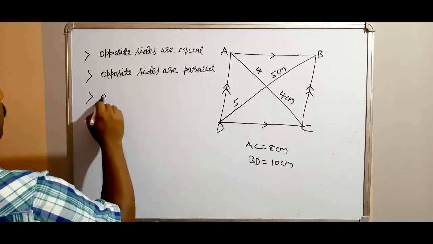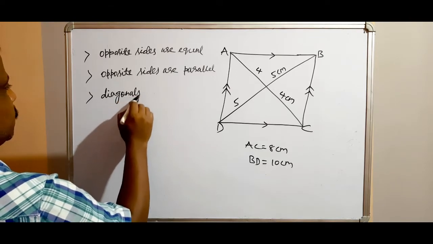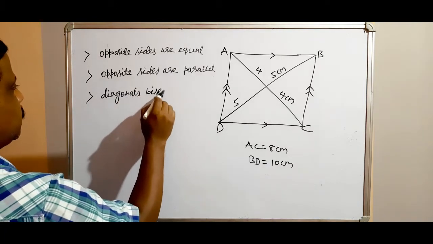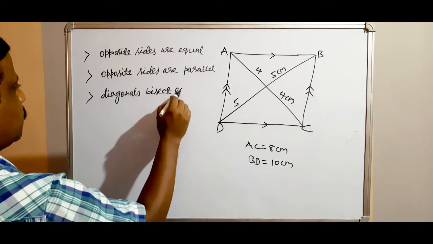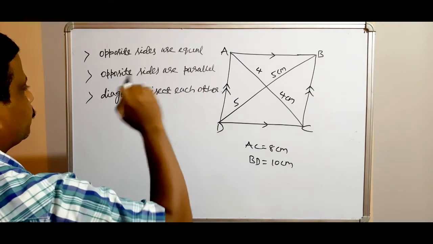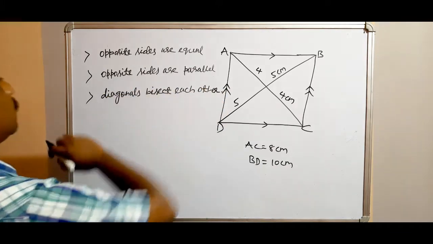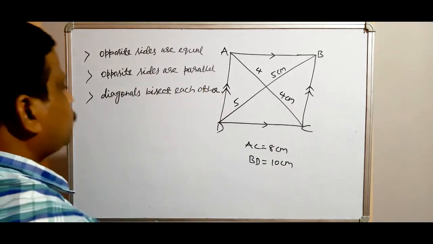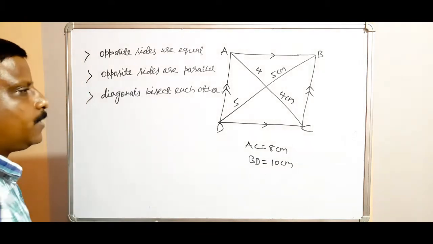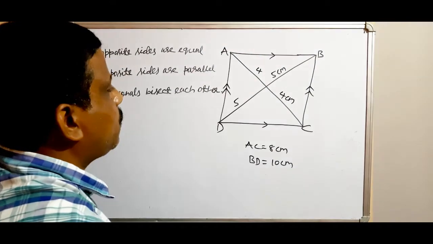Then diagonals bisect each other. Clear? This last property is very important. Diagonals bisect each other. So these are the properties of a parallelogram.